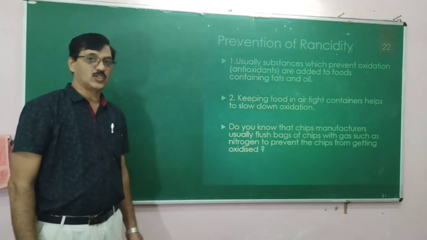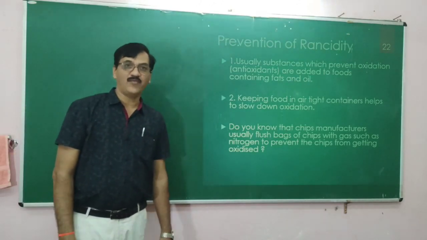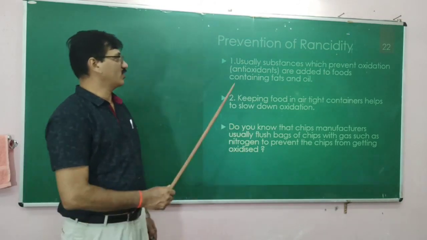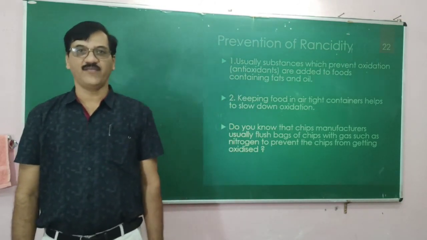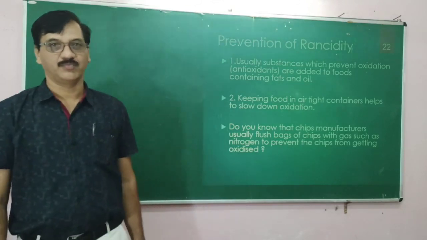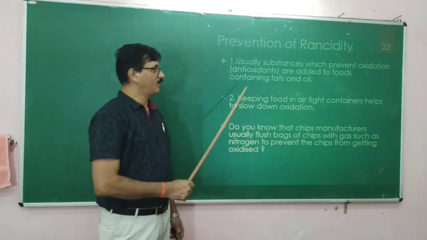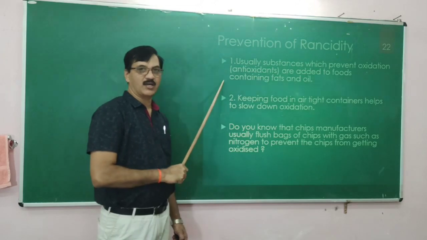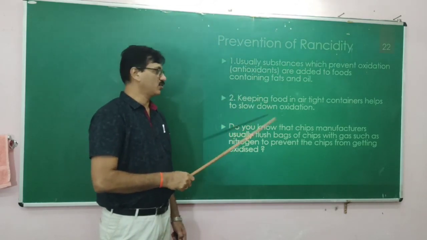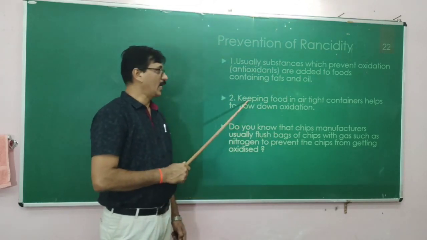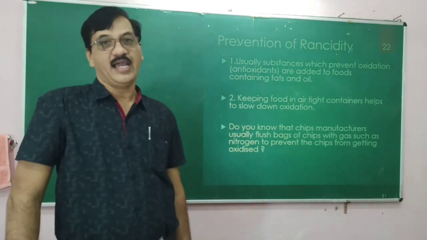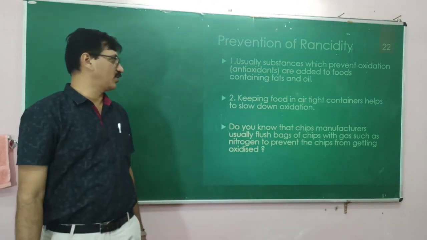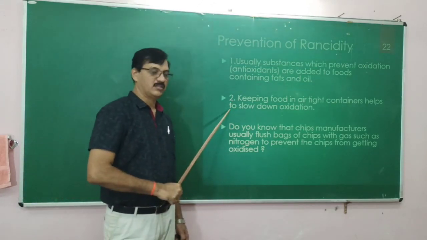Then, how is it to be prevented? One way is that antioxidants are added to food. Packed food will have antioxidants so that the food and oil may not get oxidized. And by keeping the food in an airtight bottle or in refrigeration, we can keep the food safe.